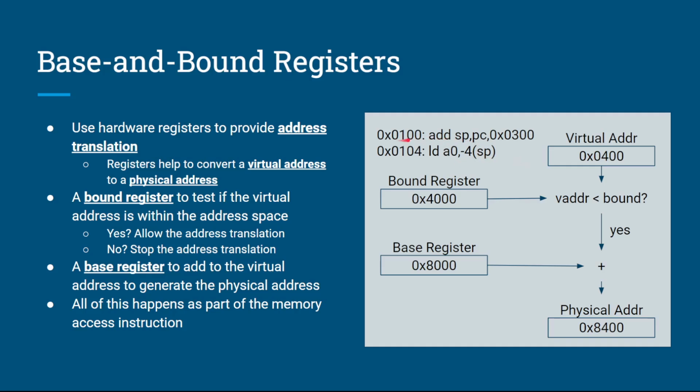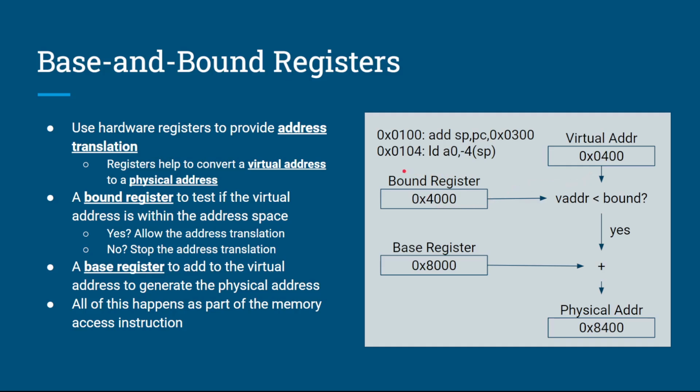So if this is starting at 100, the program counter when running this instruction is 104, always the next instruction. So 104 plus 300 gives us 404. Now we're loading a relative address of 404 minus 4, so 400. So here's our virtual address. We're trying to load data from this address.